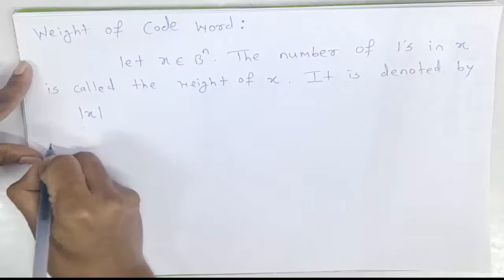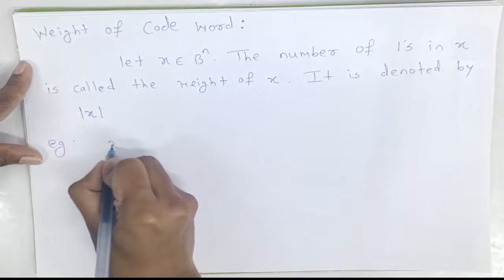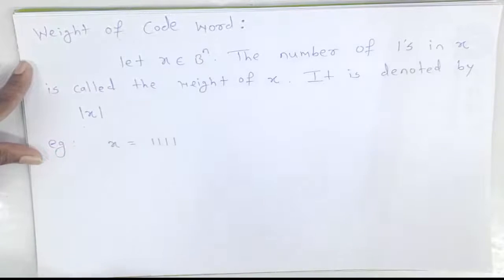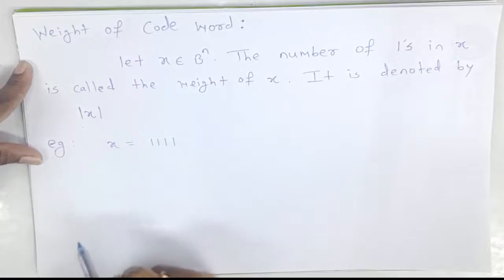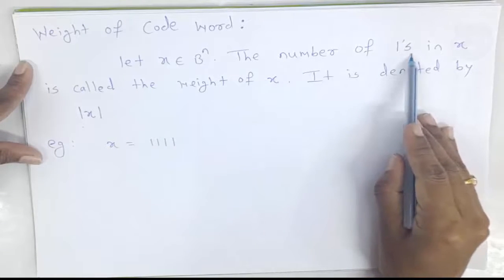Here we see the example. So here x equals 1, 1, 1, 1 is given. Here we want to find the weight of this word x. So weight is nothing but the number of ones.